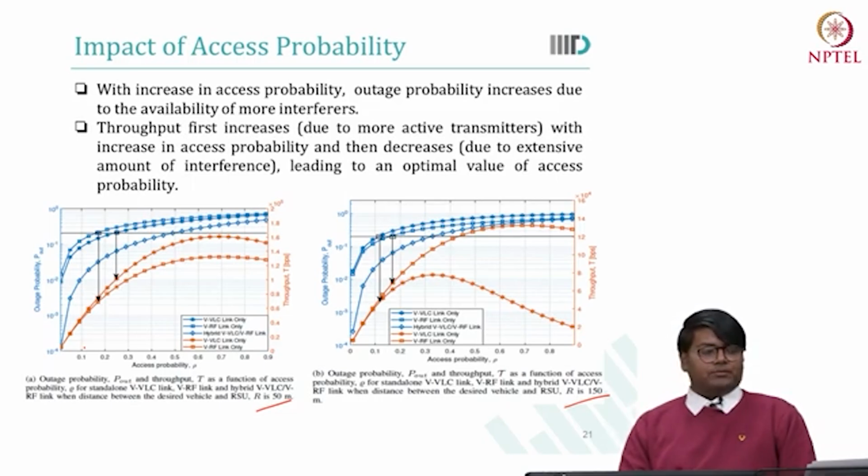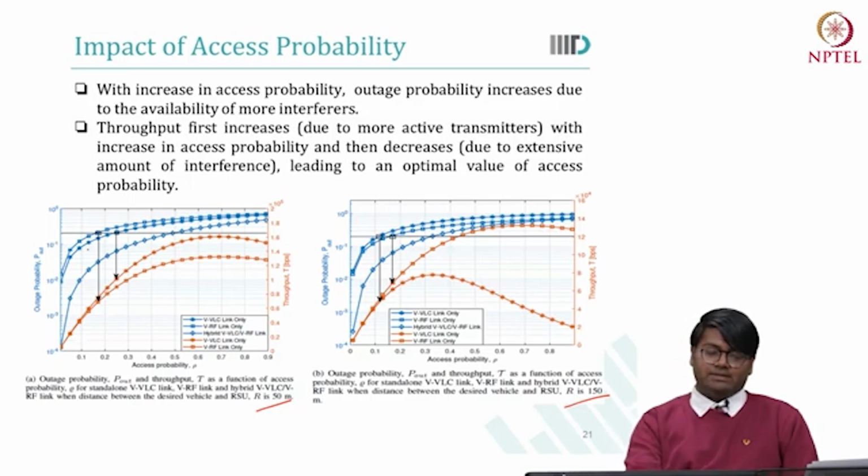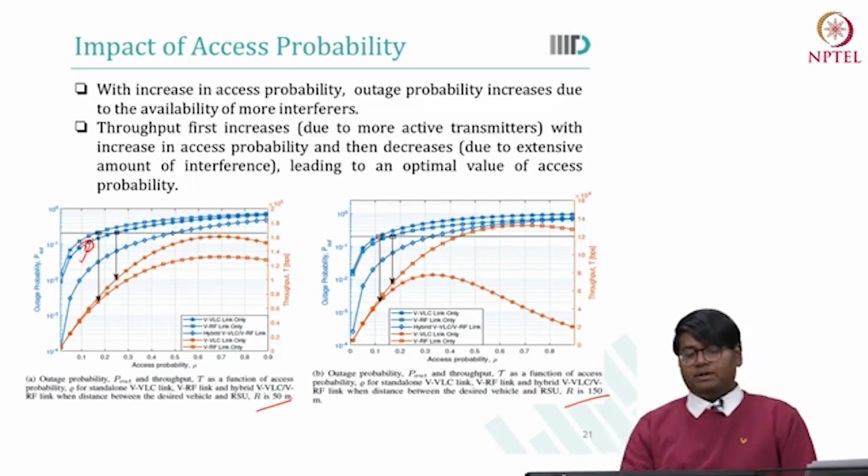So, as expected, your hybrid VLC RF always outperforms the standalone VLC or RF in terms of outage performance. For R less than 50 meters, we observe that my vehicular VLC is performing better as compared to my vehicular RF.